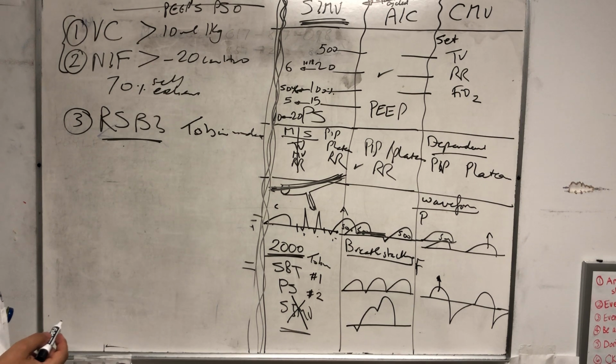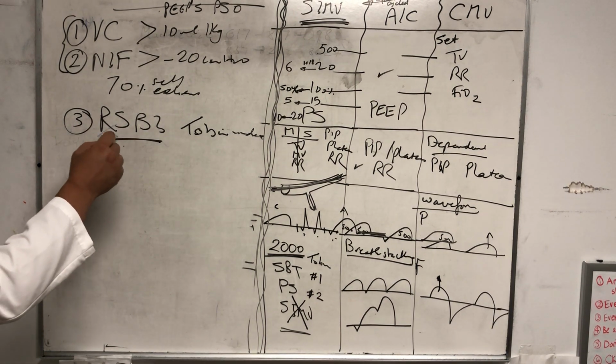Who's number one? Peter Pronovost, right? Paul Marik, and Emmanuel Rivers. That's fine. And Tobin. Anyway, doesn't matter. That's the tangent.